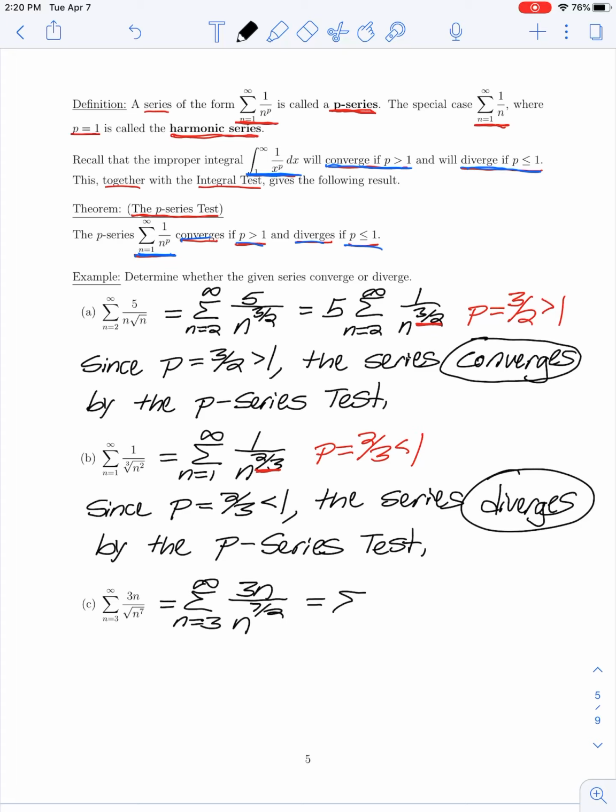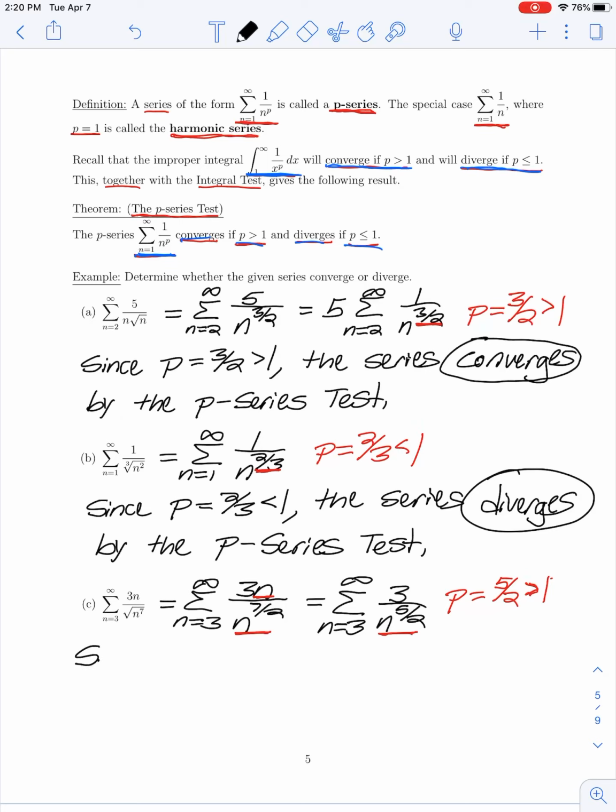And now, simplifying this ratio, I have the sum from 3 to infinity of 3 divided by n to the 5/2 power. So here, my n to the first divided by n to the 7/2 would simplify to division by n to the 5/2. So this is a p-series where the power p is 5/2, which is greater than 1.